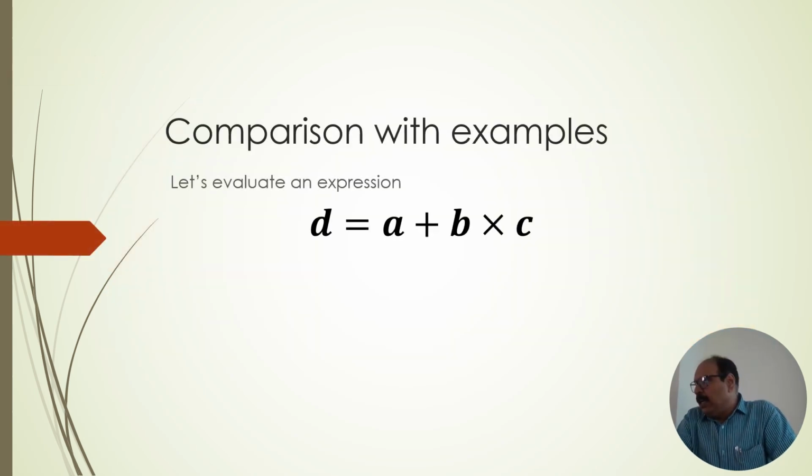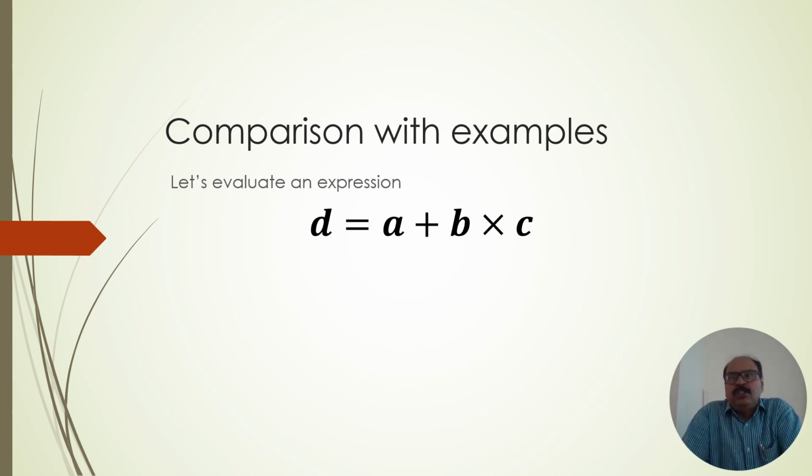So let us write a pseudocode to evaluate the expression D is equal to A plus B into C. Here I am going to explain to you the difference between an algorithm and a pseudocode with an example.